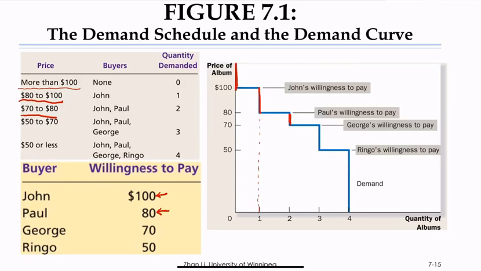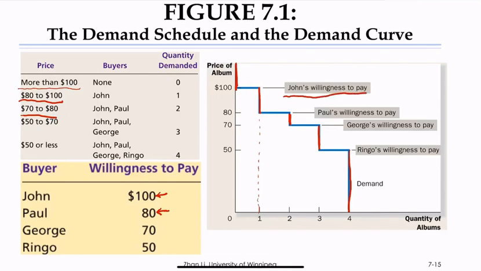And you could continue to consider other cases such as 50 to 70 and 50 or less. Clearly, if it's 50 or less, then all buyers would be happy to buy this album. So there would be 4 albums sold in the market, right? So basically, this tells you something important. That is, if you look at these guys' willingness to pay, right?